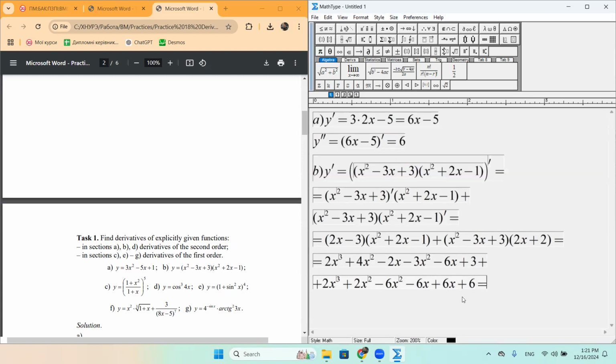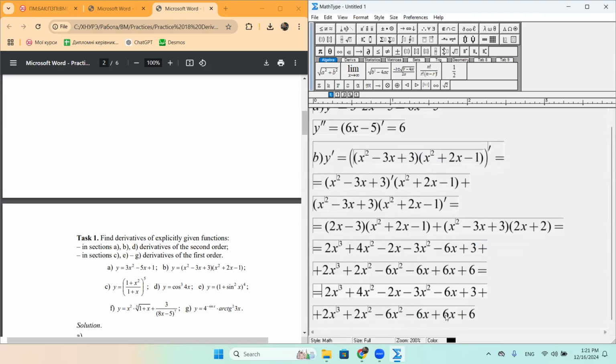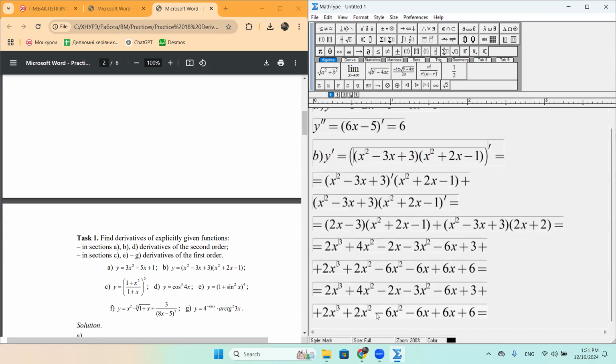Okay, some of these terms can be cancelled. We can simplify it. Let's start simplifying, eliminating this. And maybe that's all that can be eliminated.